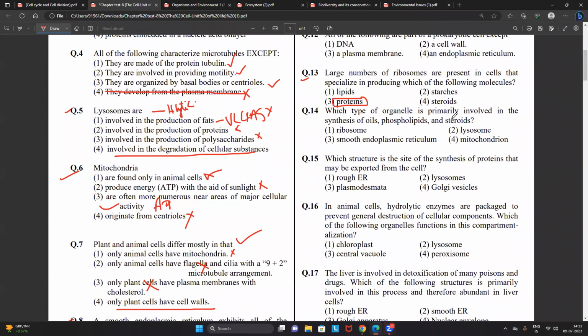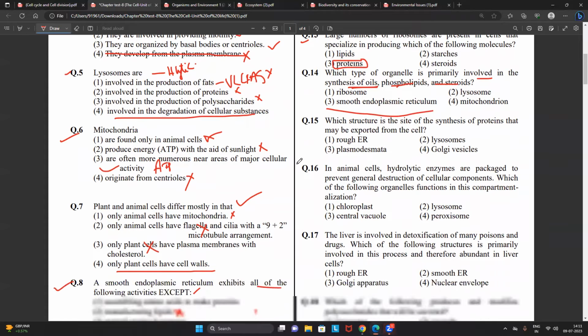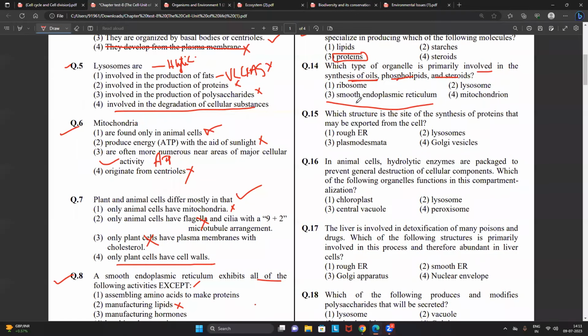Now, which type of organelle is primarily involved in the synthesis of oils, phospholipids and steroids? All can be synthesized by whom? As we all know, oils, phospholipids, as well as steroids, all can be synthesized by smooth endoplasmic reticulum.